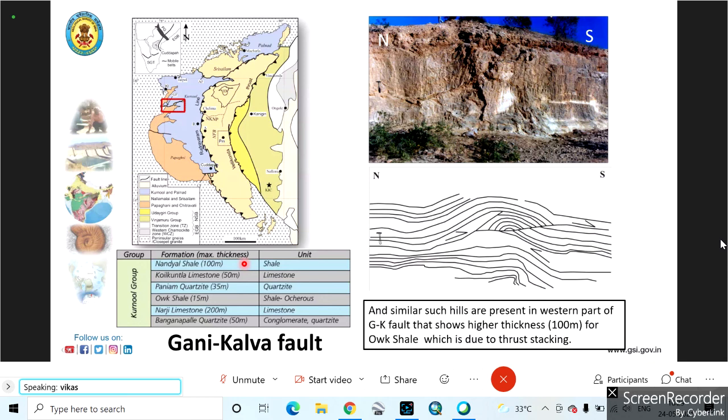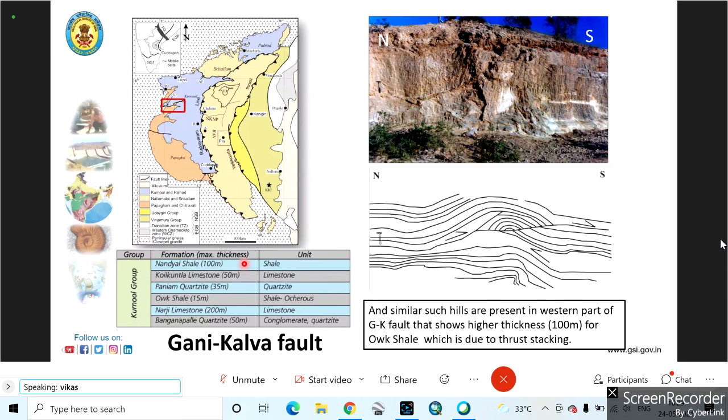Now notice that this thickness is a stratigraphic thickness. We should not get confused with the outcrop thickness. At outcrop, sometimes you'll see Oak Shale just 1 meter or even less than 1 meter, and at some places it can go to 100 meter. But this is all stratigraphic thickness.